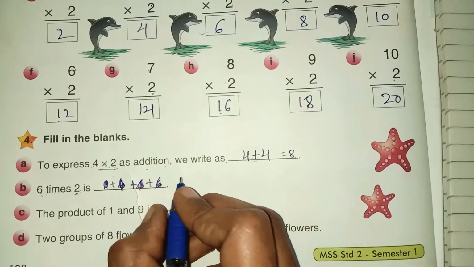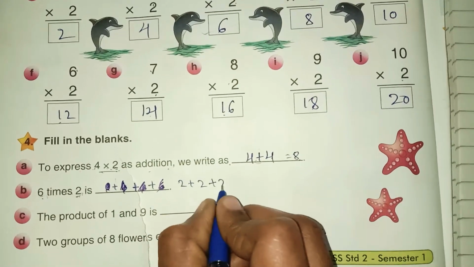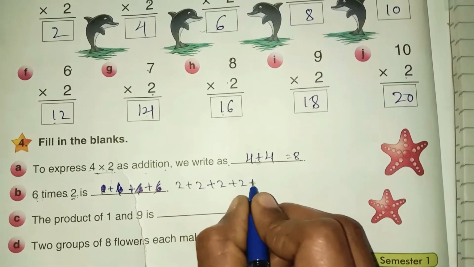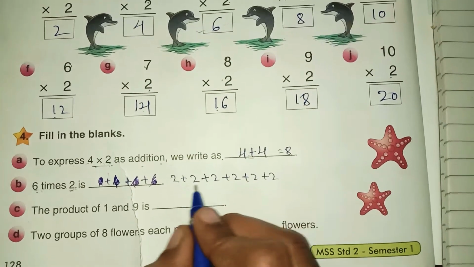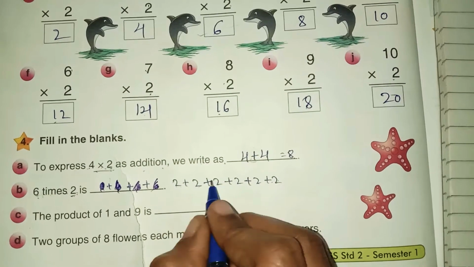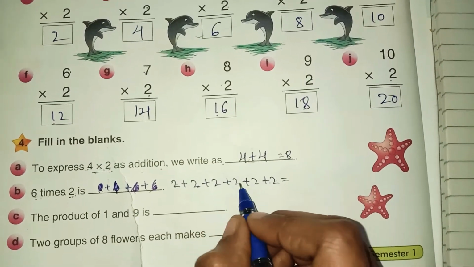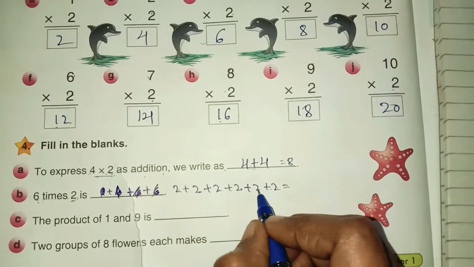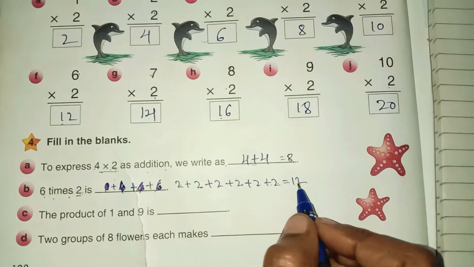That is 2 plus 2 plus 2 plus 2 plus 2 plus 2: 1, 2, 3, 4, 5, 6. 6 times 2 is equal to 2 plus 2, 4; 4 plus 2, 6; 6 plus 2, 8; 8 plus 2, 10; 10 plus 2, 12. 6 times 2 is 12.